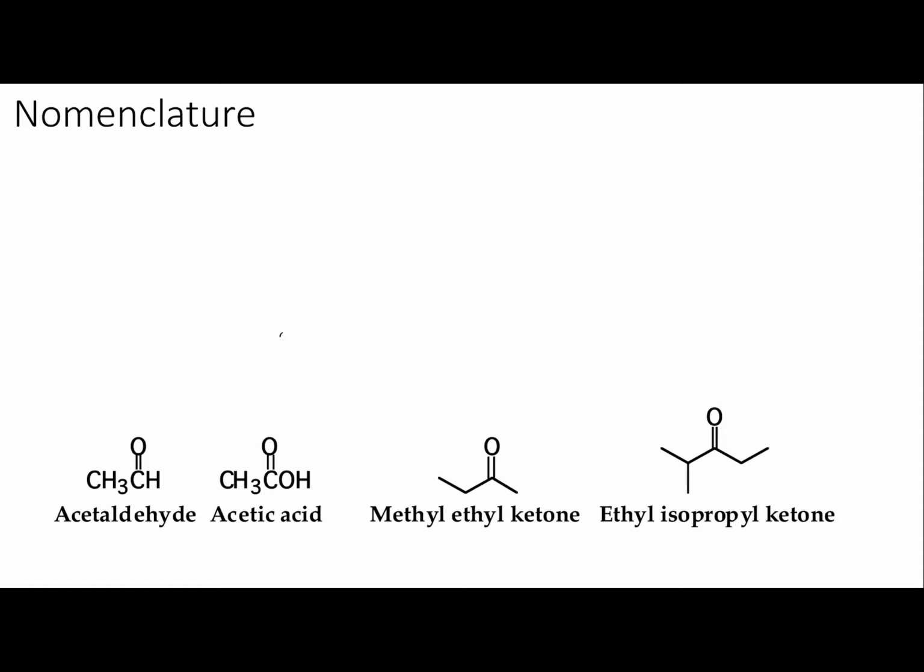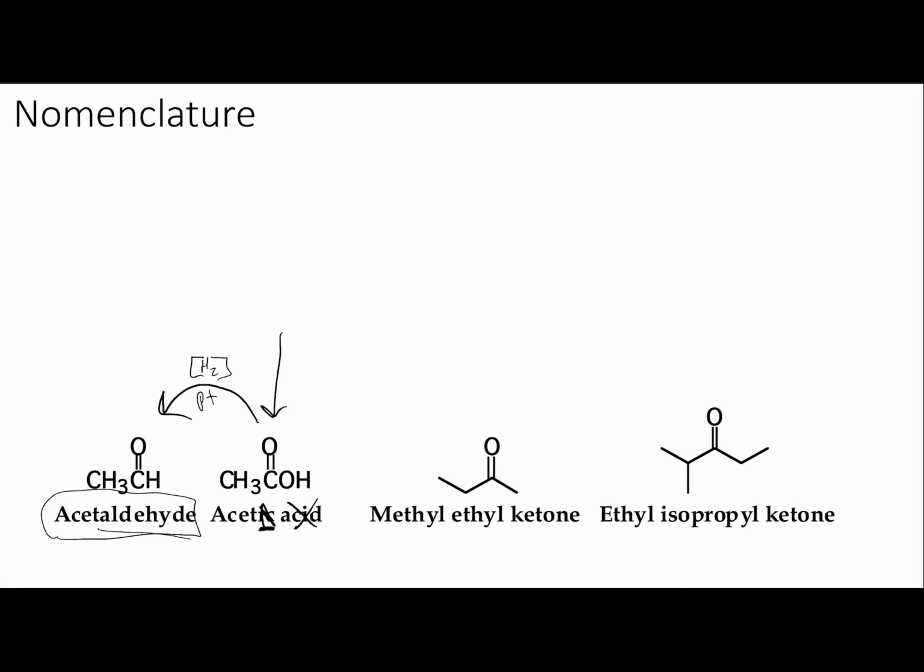So for example, acetic acid, we would get rid of the word acid, and then acetic, we would lose that part and just say acetaldehyde. Acet, and then say aldehyde. And that's because this is going to reduce to that.